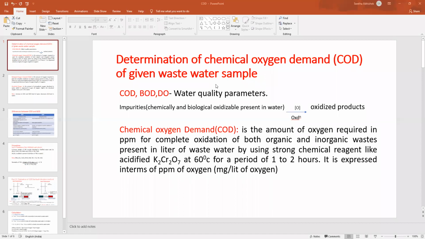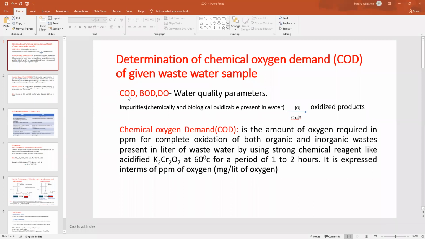Examples of wastewater are municipal wastewater or the water which is discharged by industries. For example, it can be chemical industries, manufacturing industries or beverage industries. The water is said to be highly contaminated if it consists of impurities, which may be both organic and inorganic, that can be chemically oxidizable or biologically oxidizable.